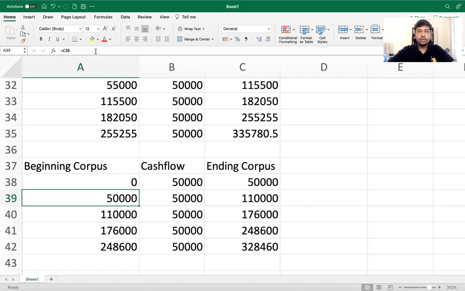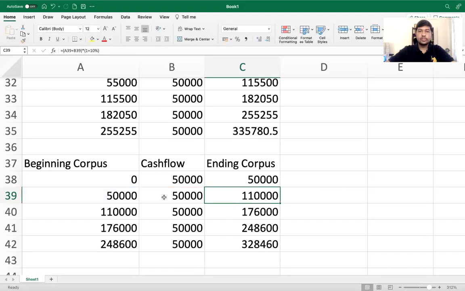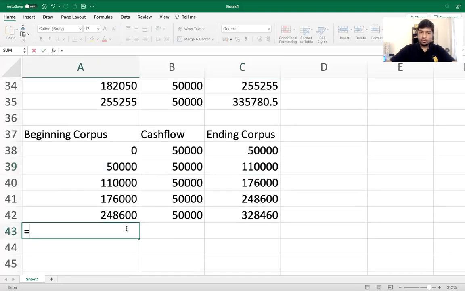So what's happening here? So you're getting this return. So 50,000 plus 50,000 plus 10%. So you're getting this return. Okay. And then what you are doing is this thing.